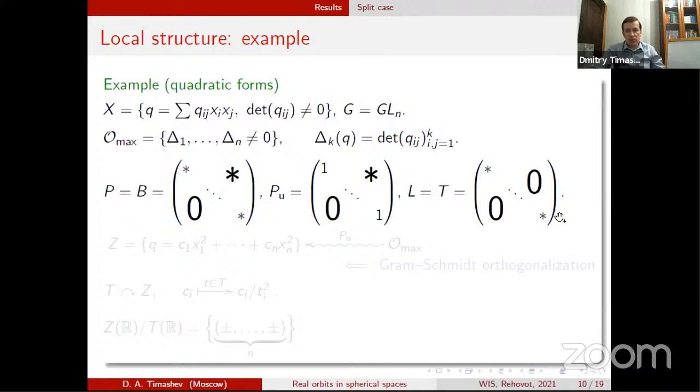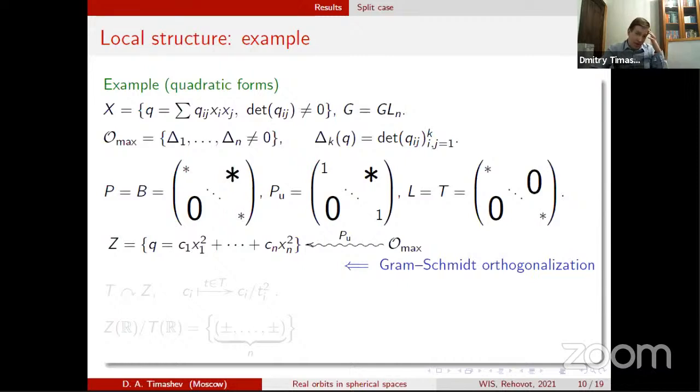It is diagonal matrices, the standard maximal torus, split maximal torus in GL_n. And what is now the slice? The slice is the variety of quadratic forms which are sums of squares of coordinates with coefficients, so which are put in a canonical shape. What does the local structure theorem claim?